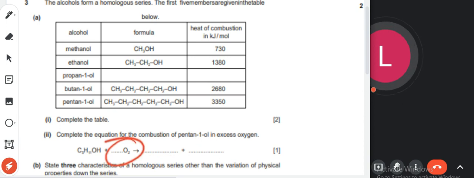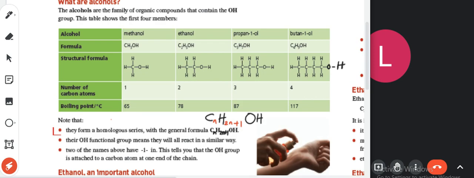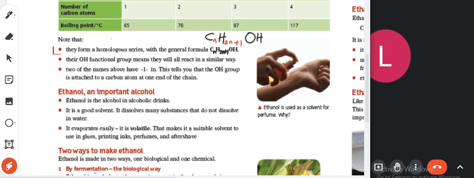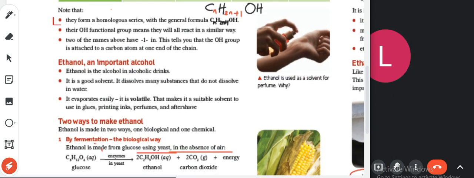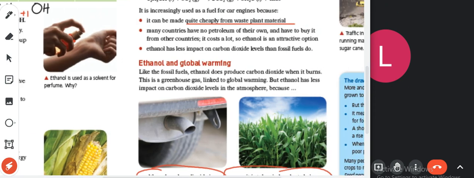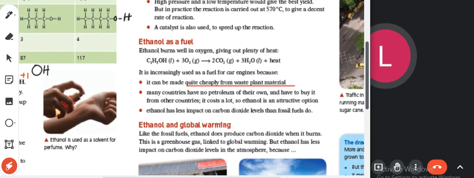That's oxidation of alcohols, or when alcohols burn in oxygen, one of the uses is in fuels.